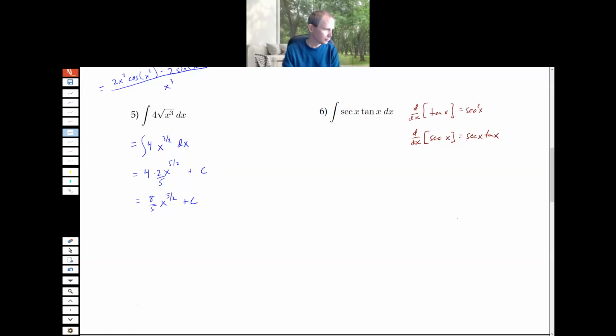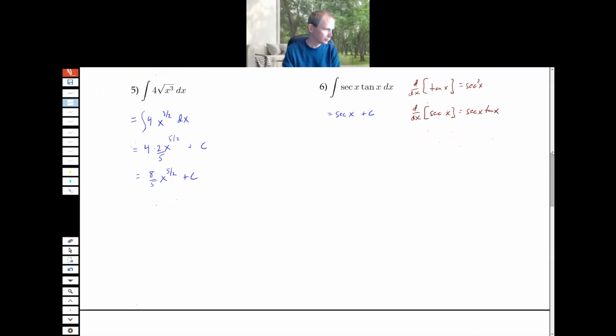So going the opposite direction, if I integrate secant x times tangent x, I will get secant x. Okay, assuming that your trig functions are defined using radians. If they were defined using degrees, then we have this crazy factor that pops out. It's pi over 180. Okay, so if it's not written, we assume everything is in radians in calculus.